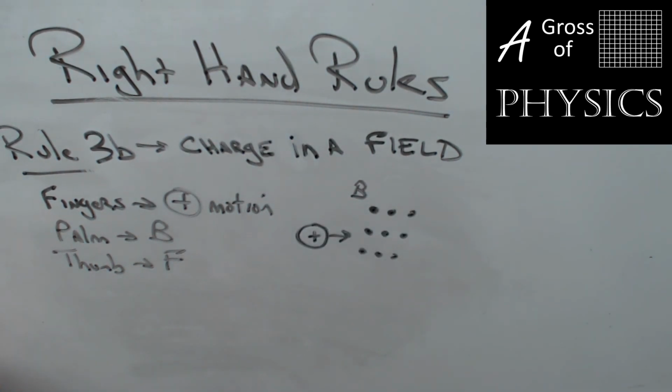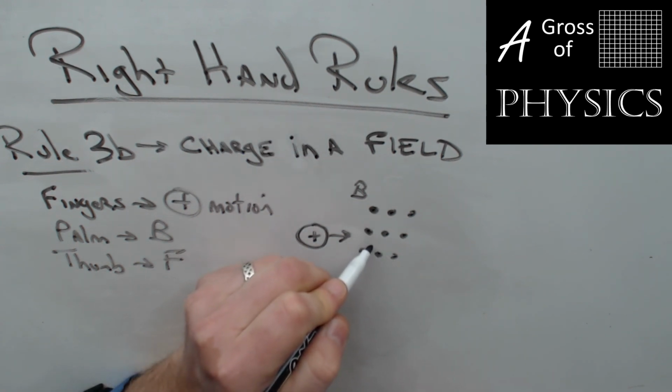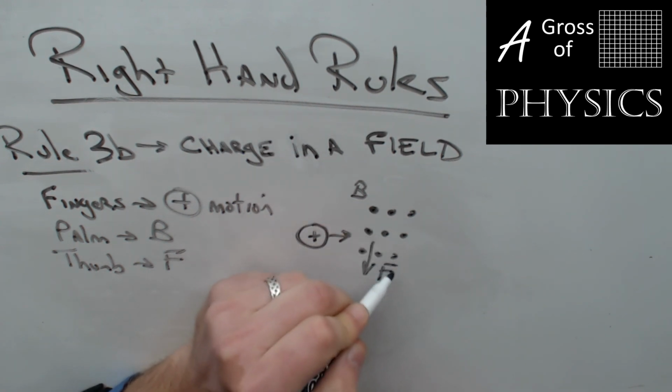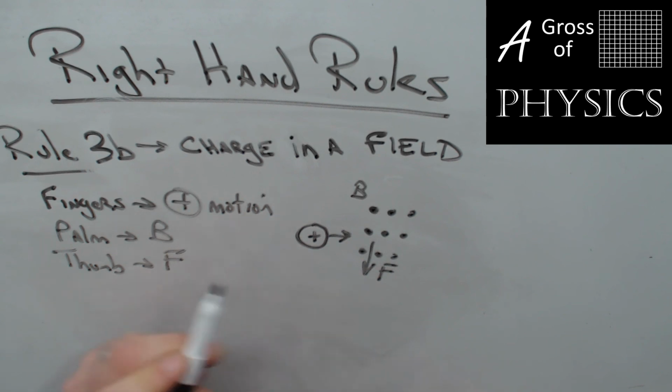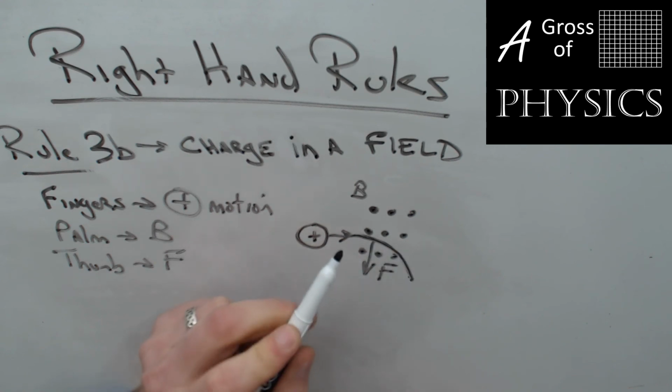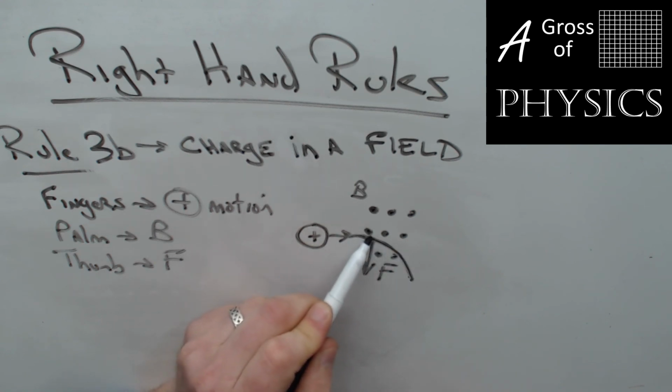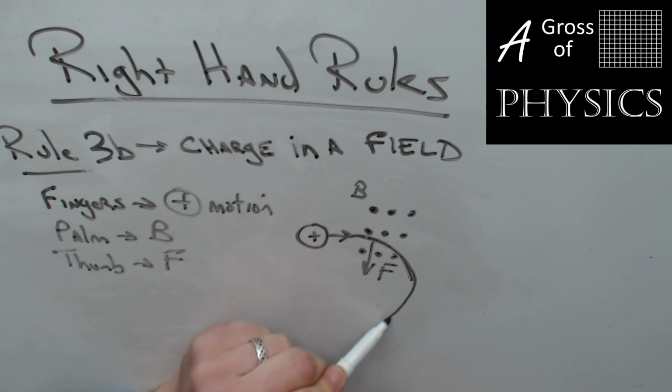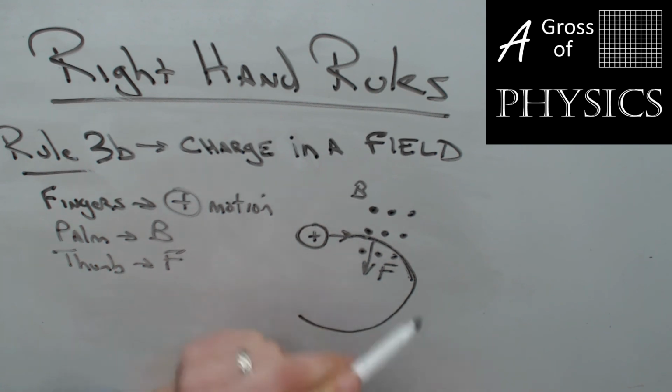Now, I had to get up to do that, but it shows that the force when it enters the field is going to be down. What that's going to do is cause the proton to move in a parabolic path. Now, if we have enough of a field, it can actually cause the proton to go in a circle.